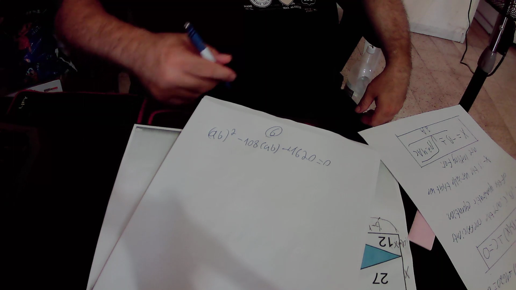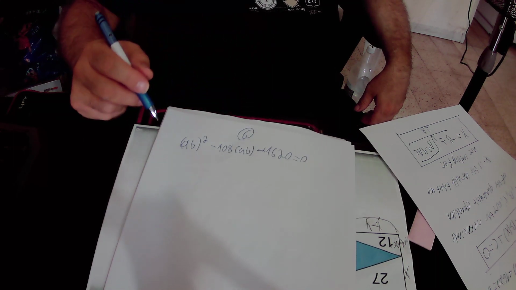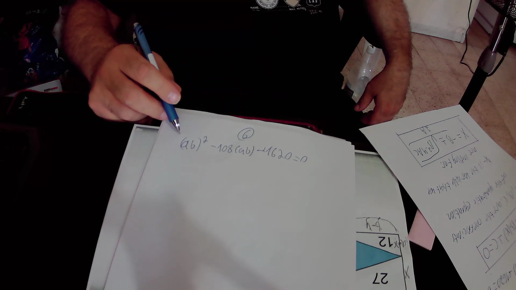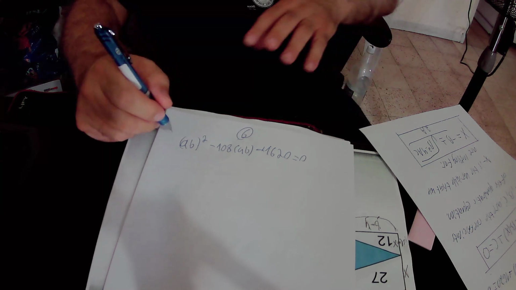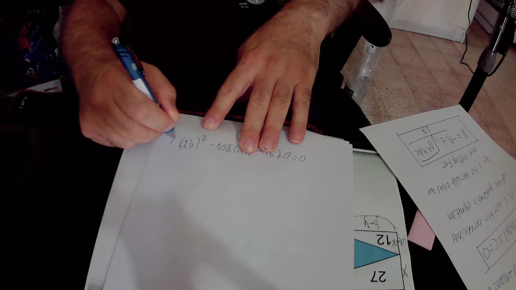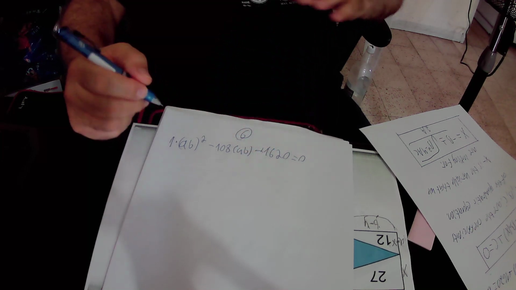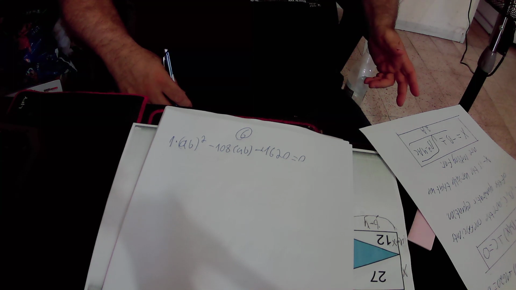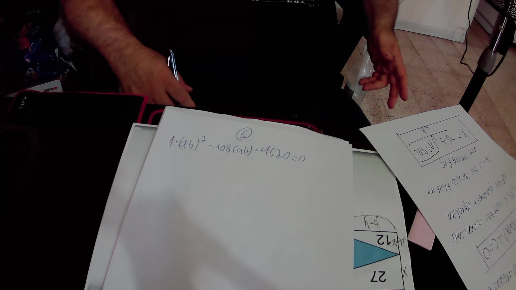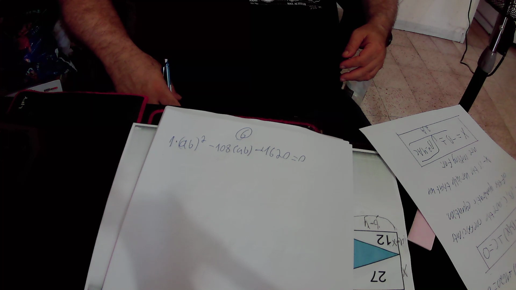First of all, we'll multiply ab squared by 1. We can do this because whenever you multiply a number or expression by 1, you change nothing, so it is allowable.